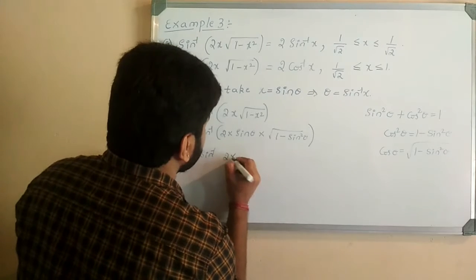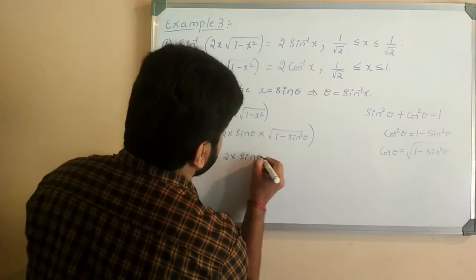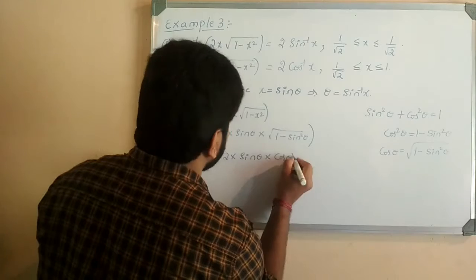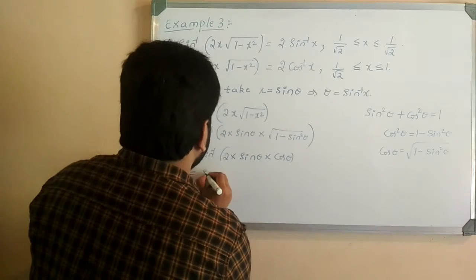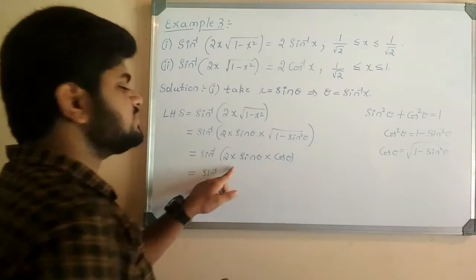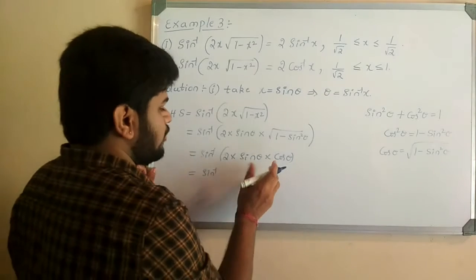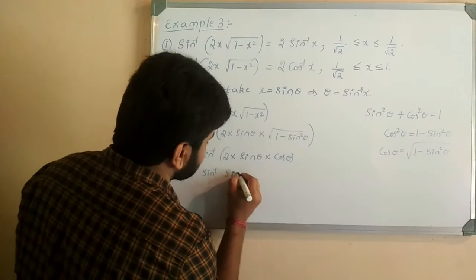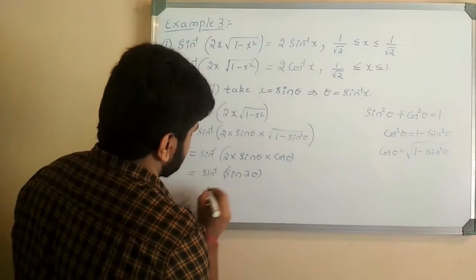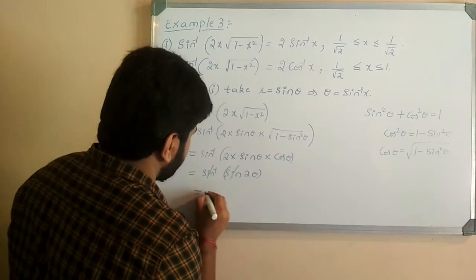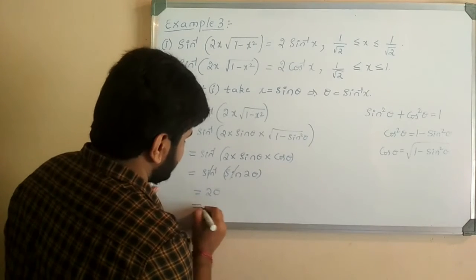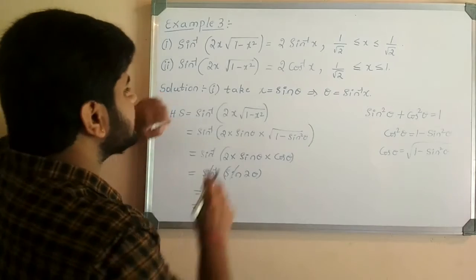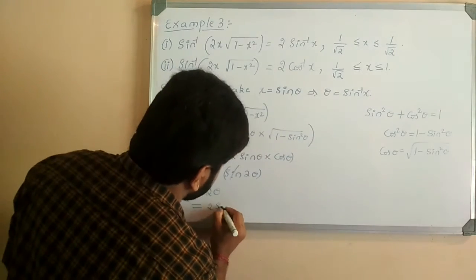So 2 into sin theta into cos theta. So 2 sin theta cos theta is a trigonometric formula for sin 2 theta. Therefore it gets cancelled, and 2 into theta means 2 sin inverse x.